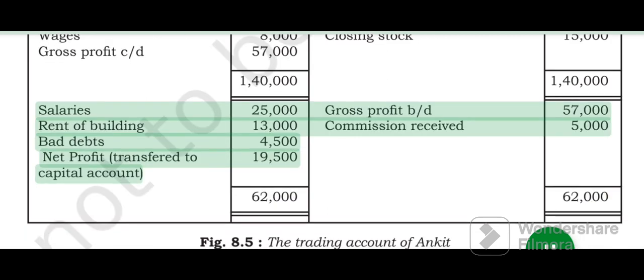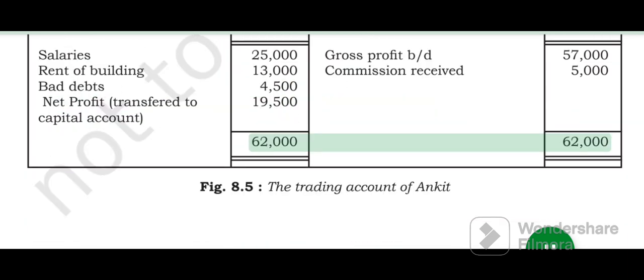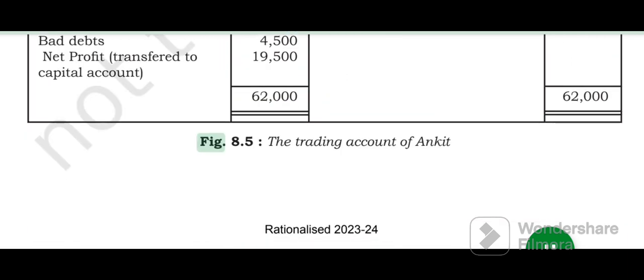Salaries 25,000, rent of building 13,000, commission received 5,000, bad debts 4,500, net profit transferred to capital account 19,500. Total 62,000 each side. Fig. 8.5. The trading account of Ankit.